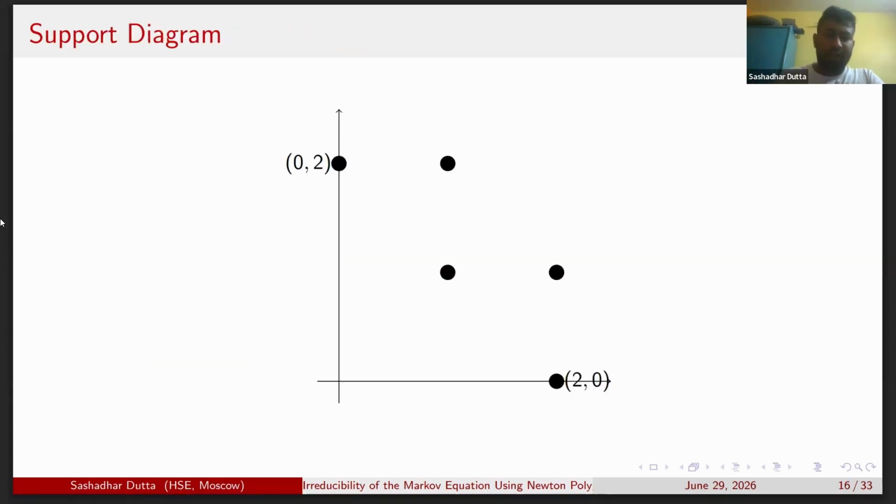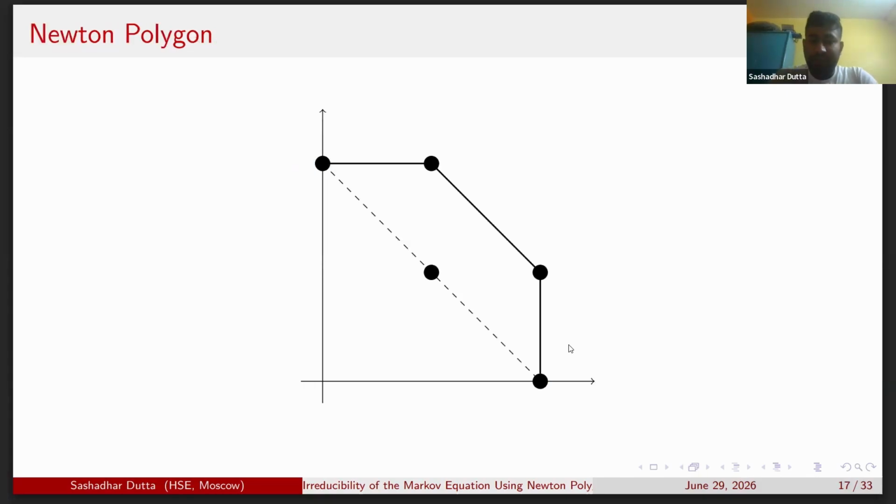Here in this diagram I'm putting the values of the support of the polynomial, and in the next slide I add the connections, and we get this polygon form.